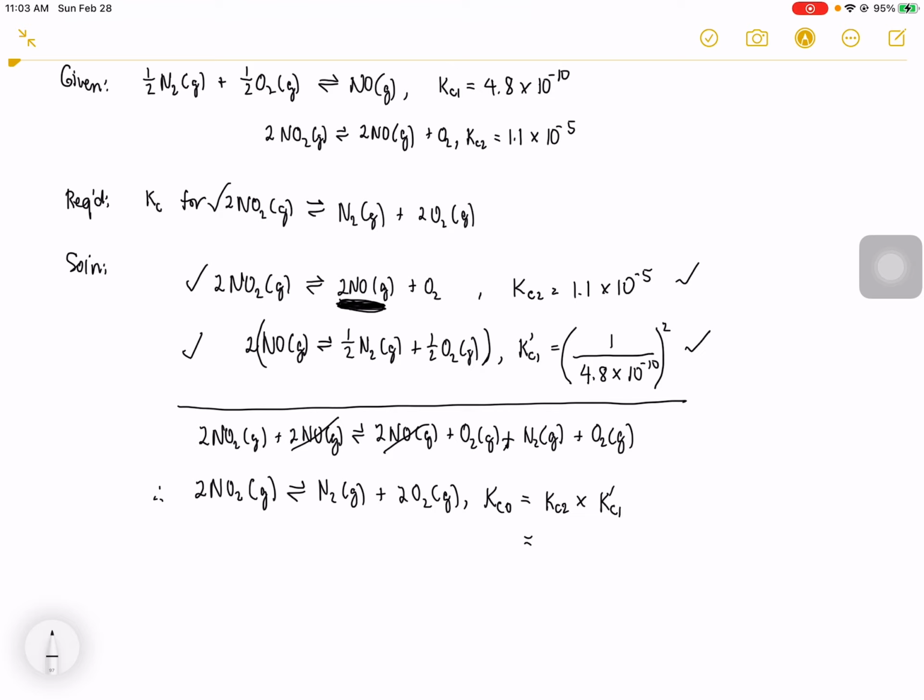So plugging that in, we have 1.1 times 10 to the negative 5 multiplied by K sub C1 prime, which is actually going to be equal to 1 over 4.8 times 10 to the negative 10, squared. Plugging all of that into the calculator gives us the value of the K sub C for the overall equation, which is then equal to 4.8 times 10 to the power of 13.